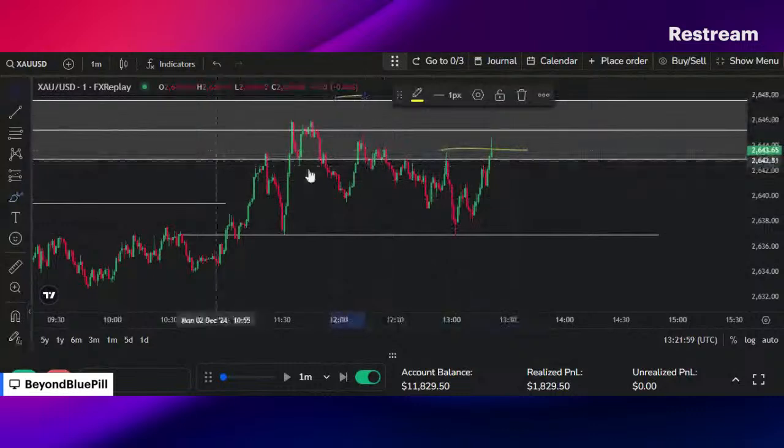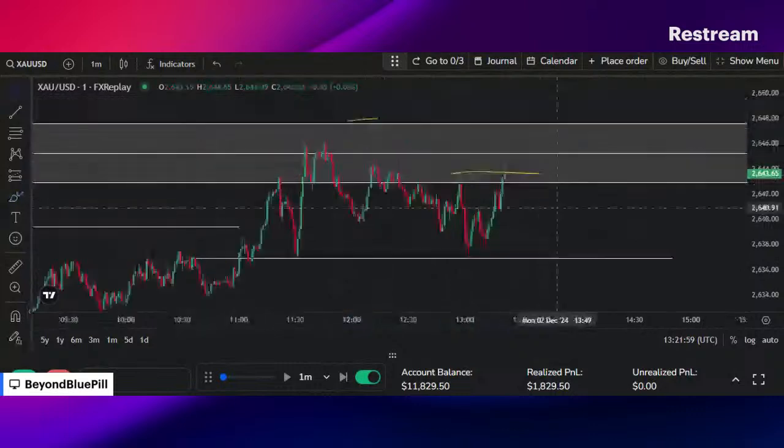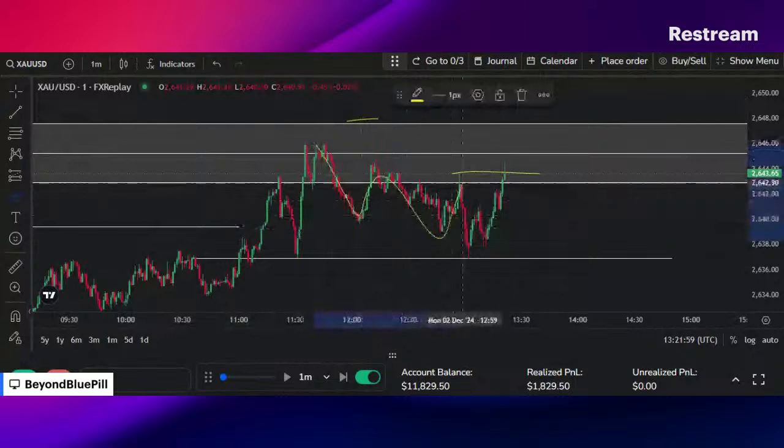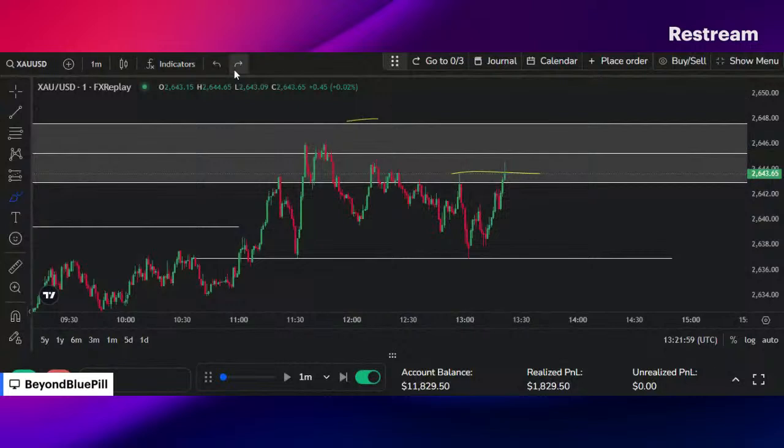Now let me tell you guys, here's why I took this trade. Because if you look at 1 minute, we had our one, two, three, third swing met. And as you guys know, we are no longer looking for a counter after the third, if we see a solid confirmation, and here we had our solid confirmation.